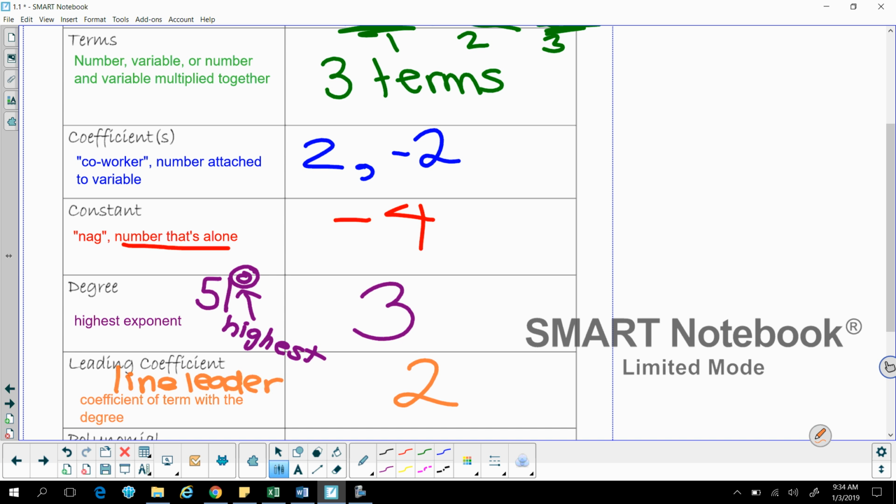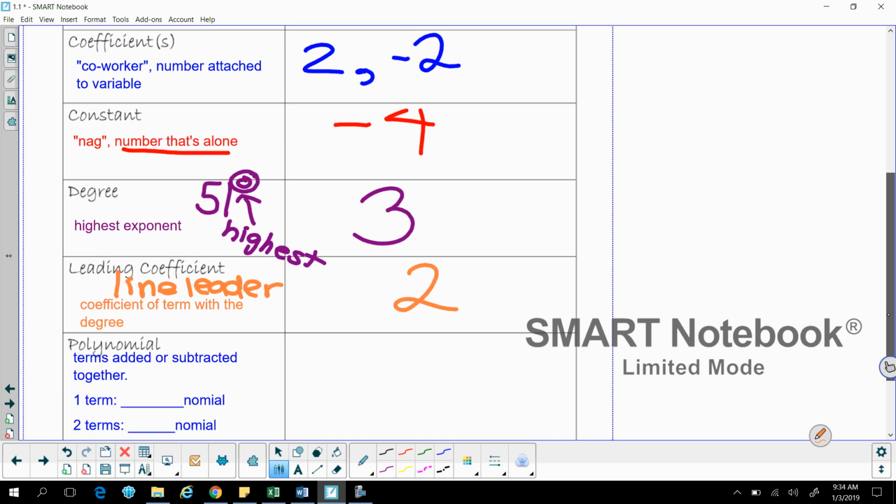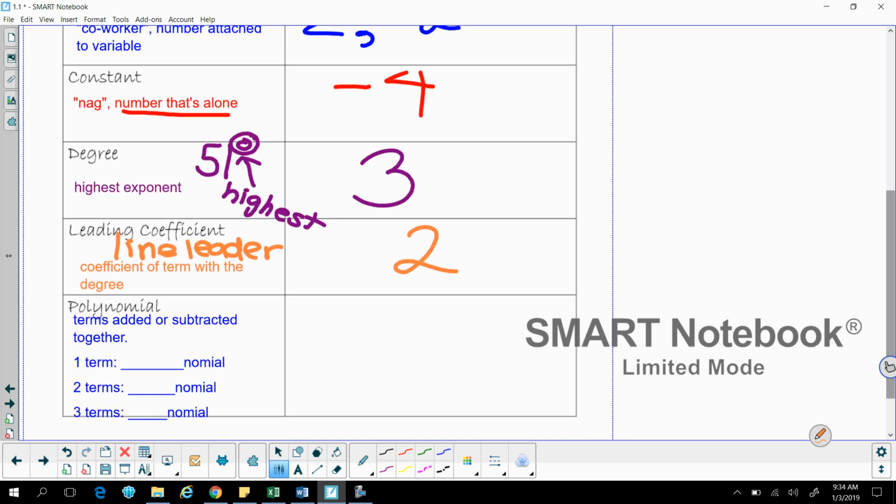And then polynomial, what poly means is many. So polynomials are terms that are added or subtracted together. And so if we have one term, like 5x squared, does anyone know the little term for one term? Something nomial? Mono. Beautiful.